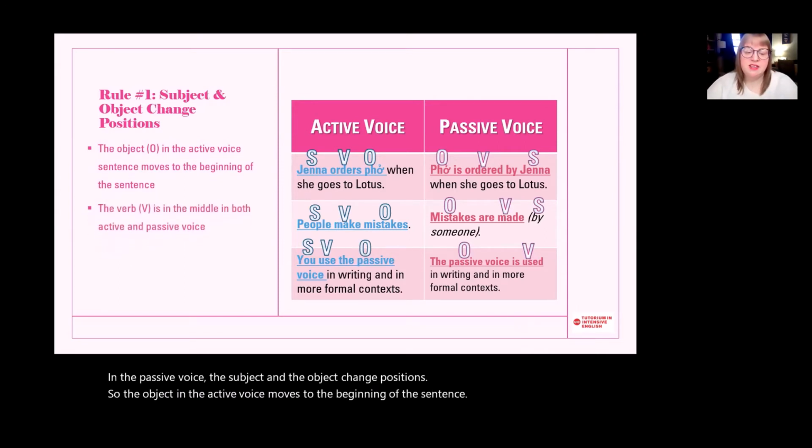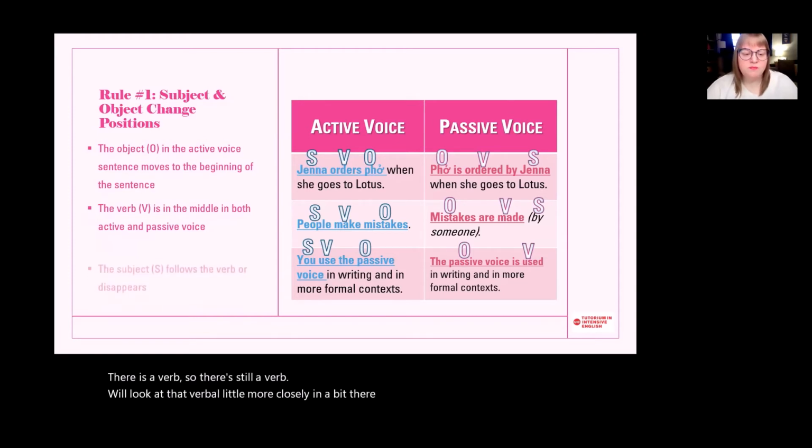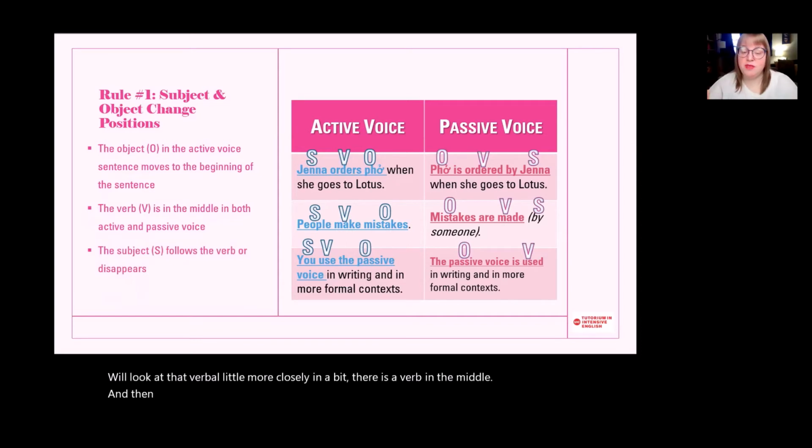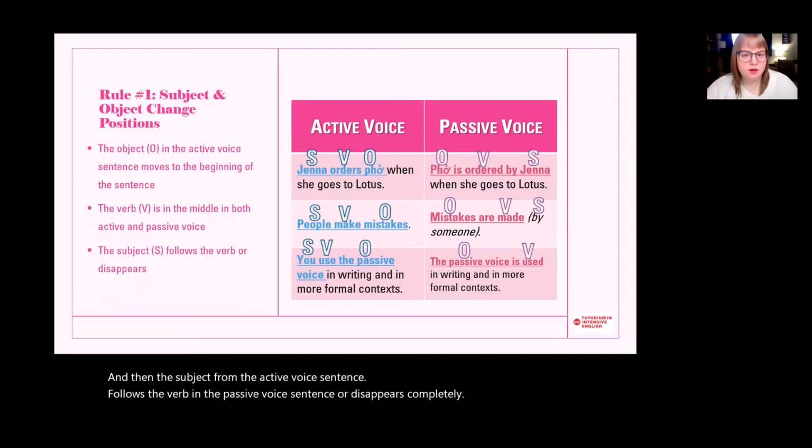And there is a verb, so there's still a verb. We'll look at that verb a little more closely in a bit. There is a verb in the middle. And then the subject from the active voice sentence now follows the verb in the passive voice sentence or disappears completely. We'll talk about that.